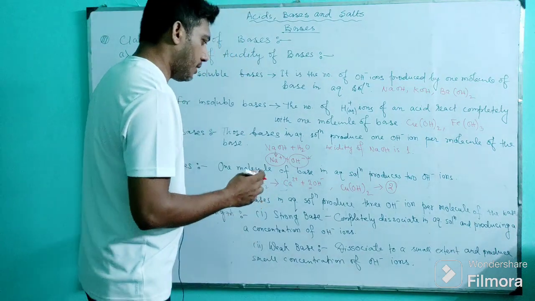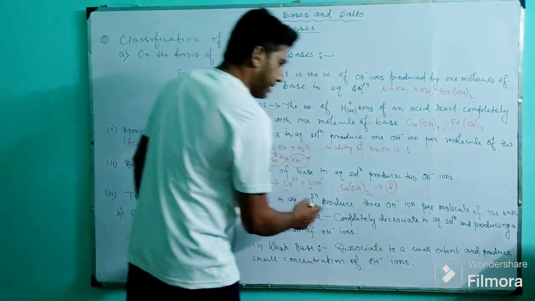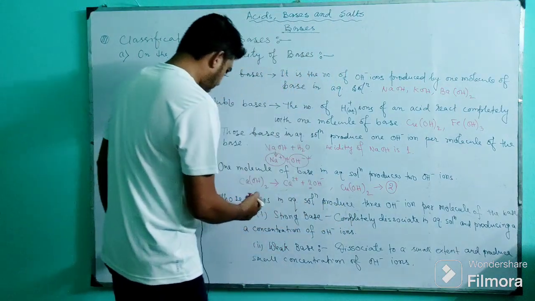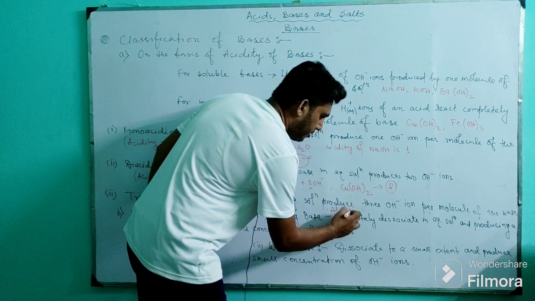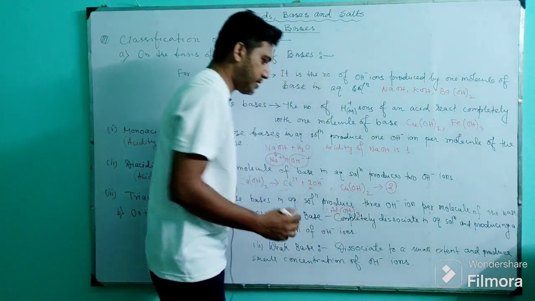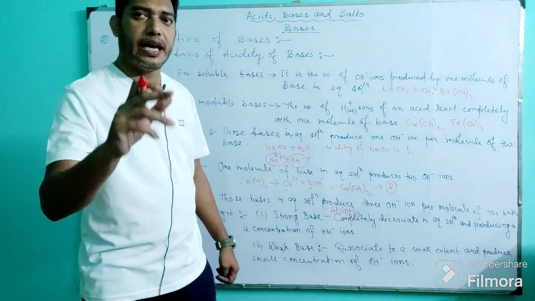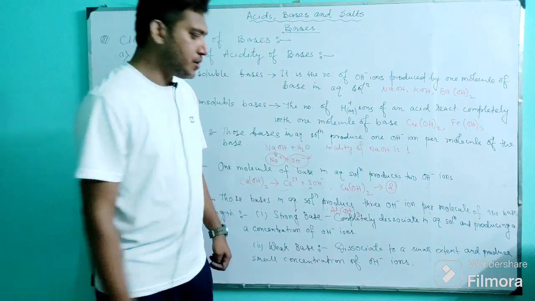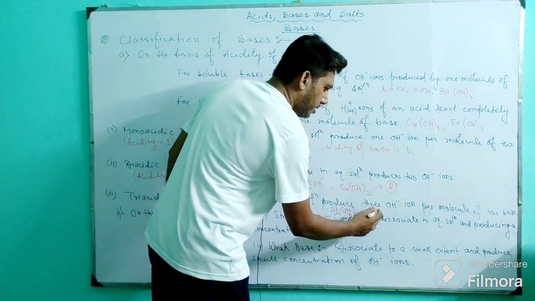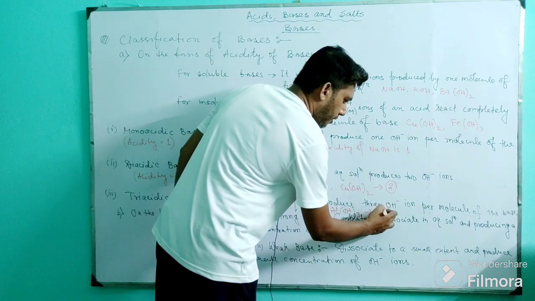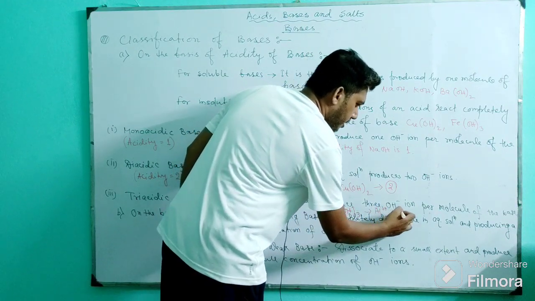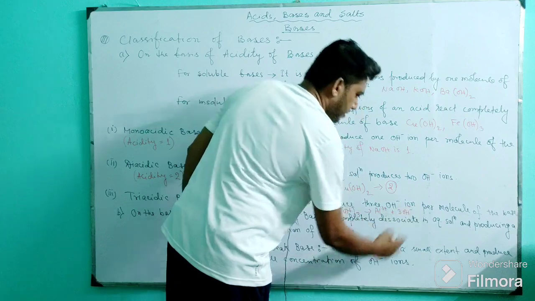Here we can take the example of a tribasic acid also, just like aluminum hydroxide. The formula of aluminum hydroxide is Al(OH)3. If it is in water, it will dissolve and form Al3+ and 3OH minus.